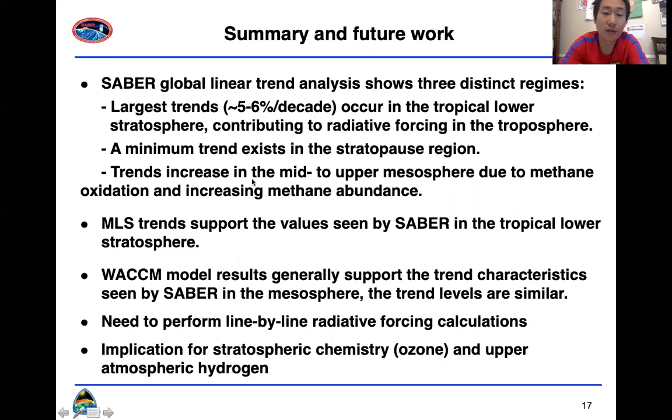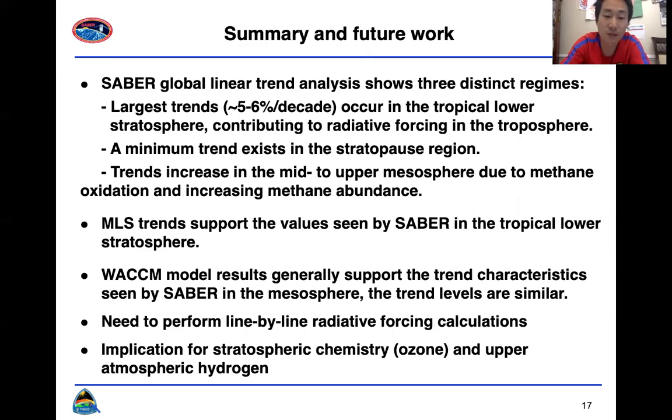The trend in the middle to upper mesosphere is due to methane oxidation and increasing methane abundance. MLS trends support the values detected by SABER in the tropical lower stratosphere.